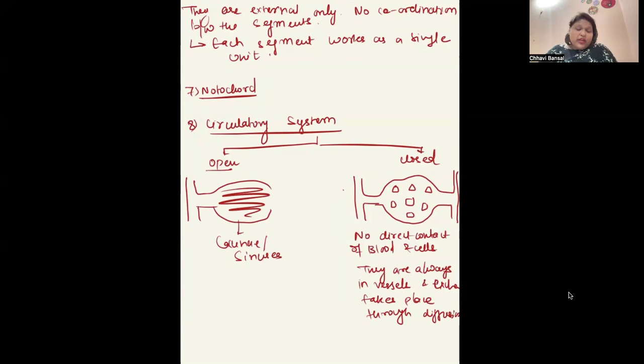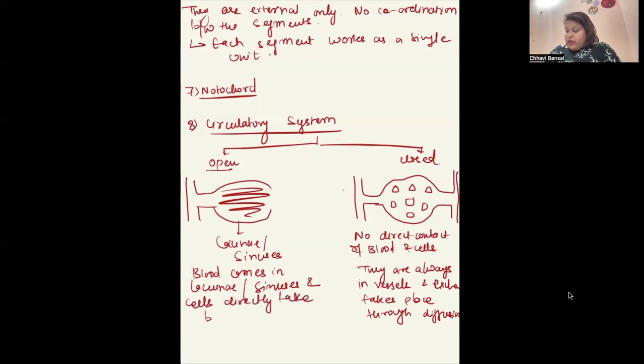That type of system is called open circulatory system. Blood comes in lacunae or sinuses and cells directly take part in blood.